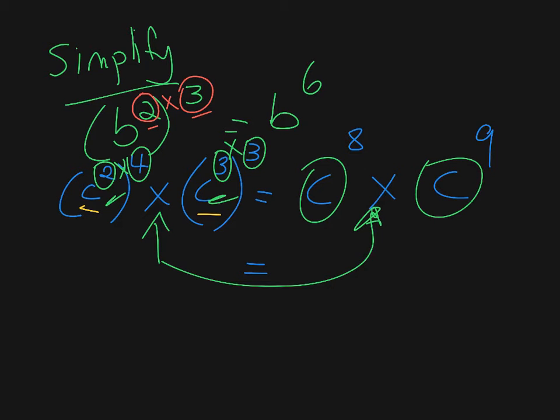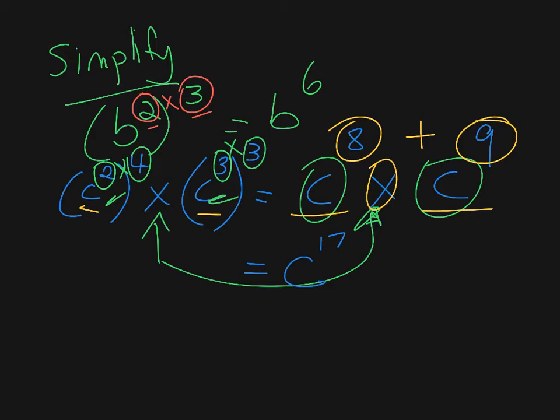We know that our like term, or our base, is c, so we can go c. And remember, when we're multiplying, we're not in brackets, so we are going to add 8 plus 9. So in this example, it is c to the power of 17.